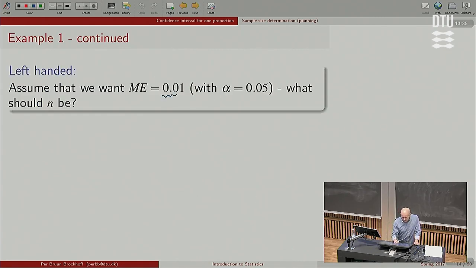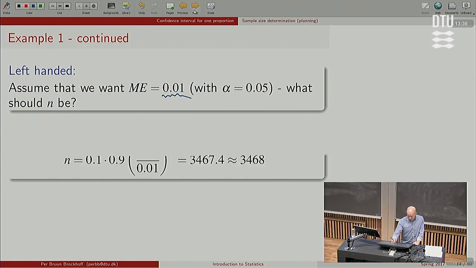A good requirement to a percentage to make it really valid would be, I really want it to be known with plus minus 1 percentage point. If you give me a percentage, I want to have it with a precision of plus minus 1 percentage point, so plus minus 0.01. What would that require?